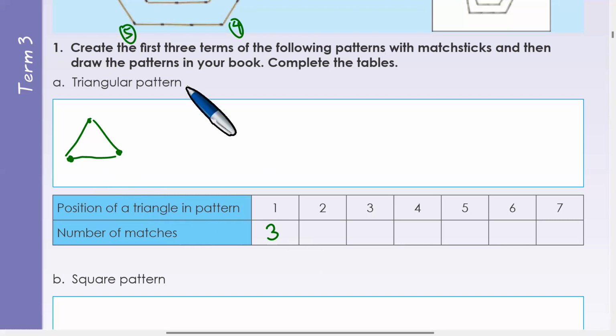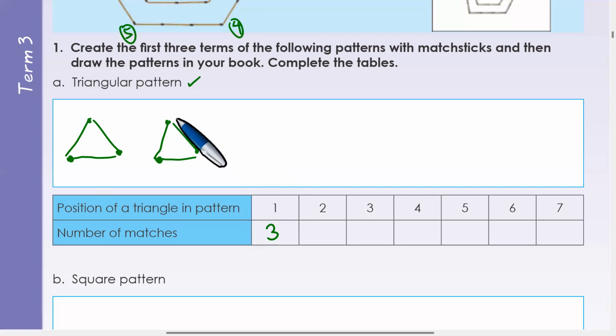Because we're speaking about the triangular pattern. What about in 2? How many matches are there? Okay, so you start, you have this one, and then this one, and then this one. Then you continue. You form another triangle here.